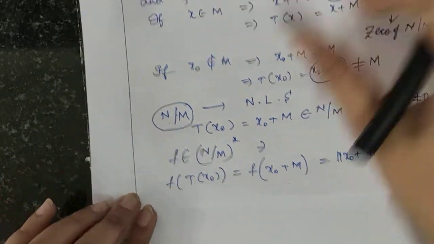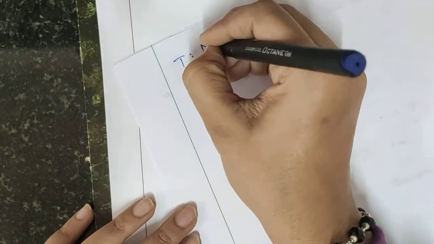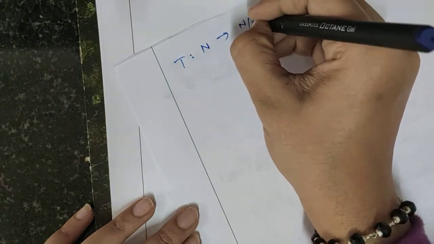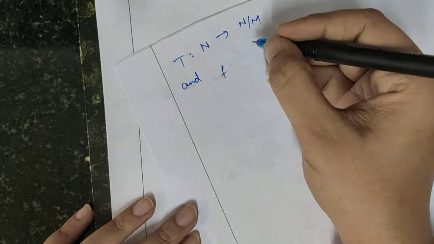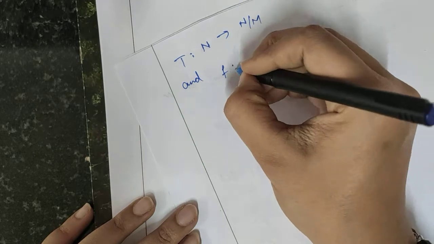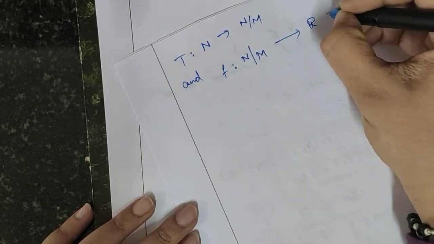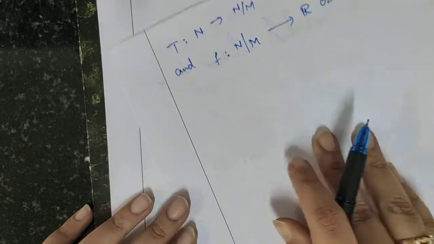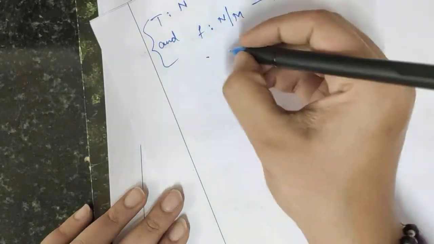Right? So now the mapping is actually T from N to N by M, and we can consider one more mapping for our conjugate space, that is f from N by M to the field R or C, and we know that these two are functionals, right?